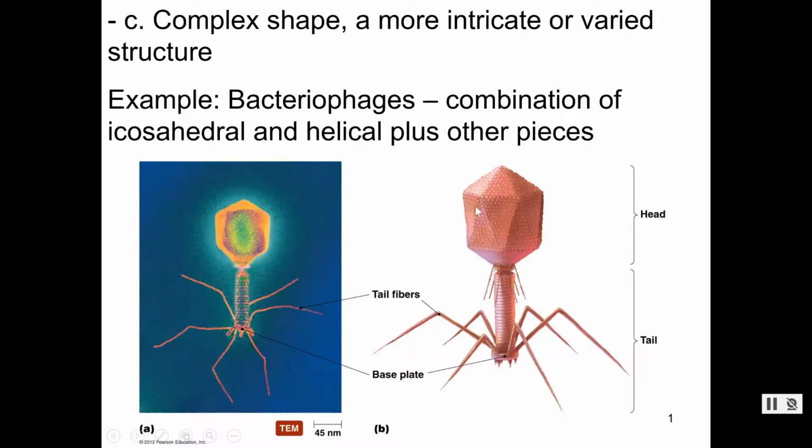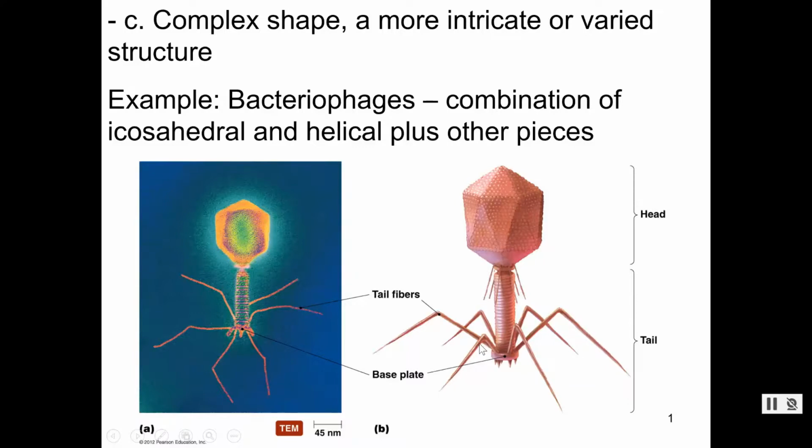The polyhedral section is called the head. This is where the nucleic acid for this complex virion is located. It also has a helical section that we refer to as the tail section, which also has these fibers that extend out. These are called tail fibers.